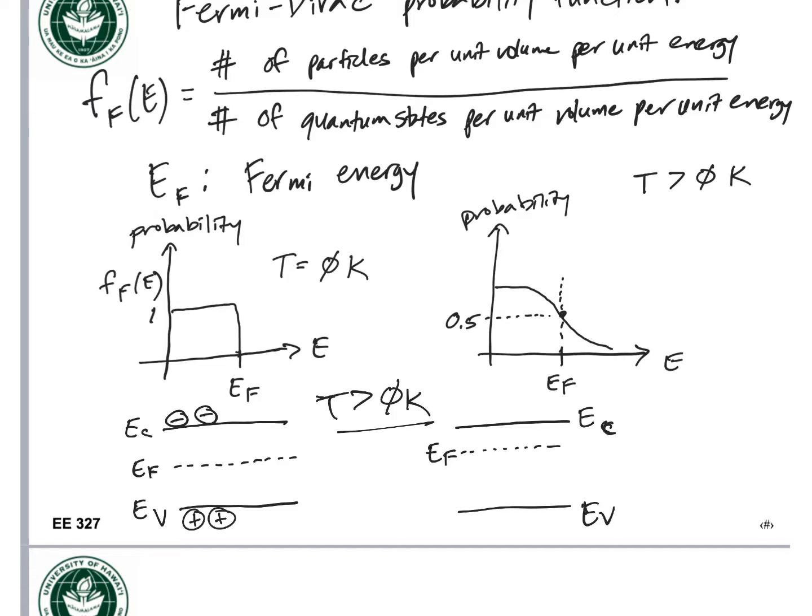There's a greater probability that the electrons are in the conduction band versus the valence band. And if I move my Fermi level back down, then the reverse is true. If my Fermi level is close to the valence band, there's a greater probability that the electrons are in the valence band rather than the conduction band.